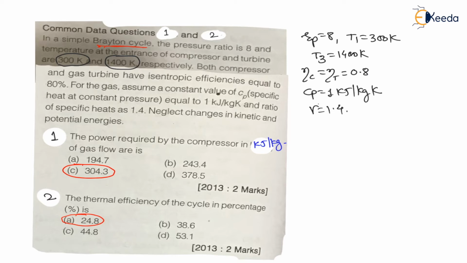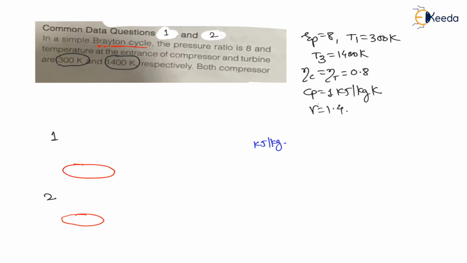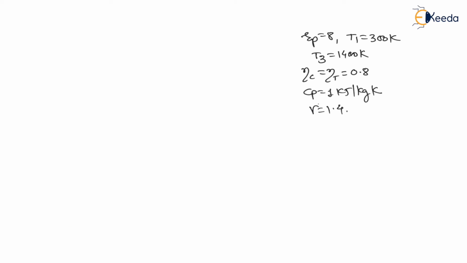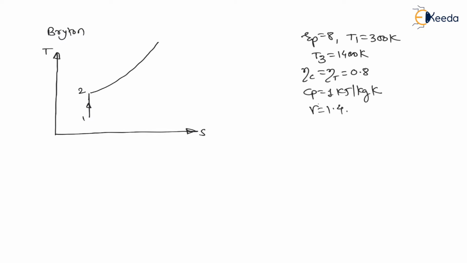Now let us solve this question for efficiency and power output from the compressor. Here they have given the actual Brayton cycle. Let us draw the reversible or ideal Brayton cycle. On the temperature versus entropy diagram, the very first process is reversible adiabatic compression, 1 to 2. 2 to 3 is constant pressure heat supply. 3 to 4 is reversible adiabatic expansion.